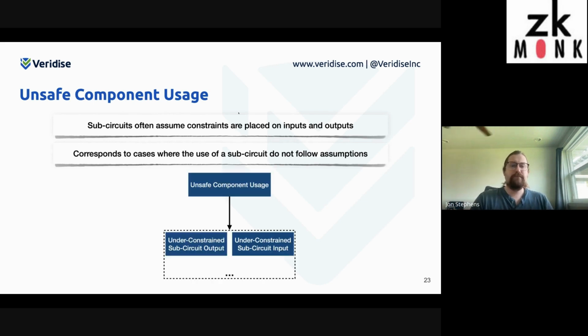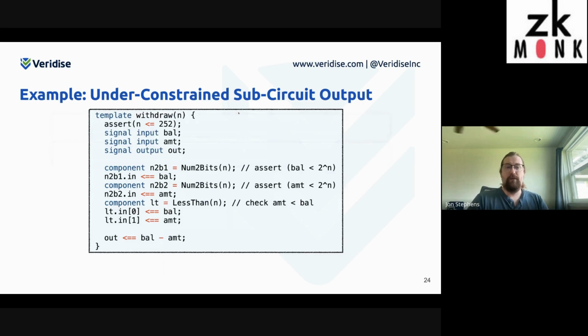These unsafe component usages correspond to cases where people do not use these subcircuits correctly. There are many different ways where people can use a circuit incorrectly, but we're just going to look at one. And this is going to specifically correspond to the bug that I mentioned earlier. If we look at this particular circuit, it seems like it's trying to allow someone to privately withdraw money from a pool.